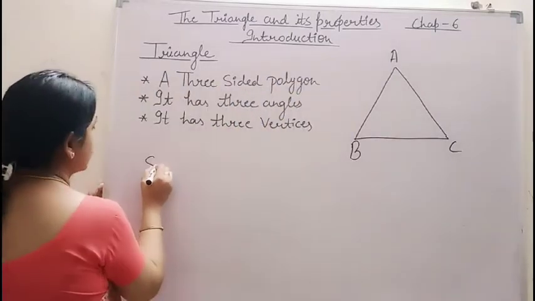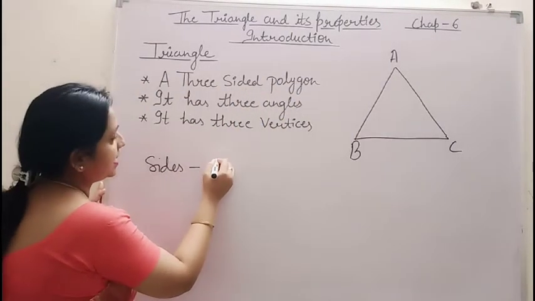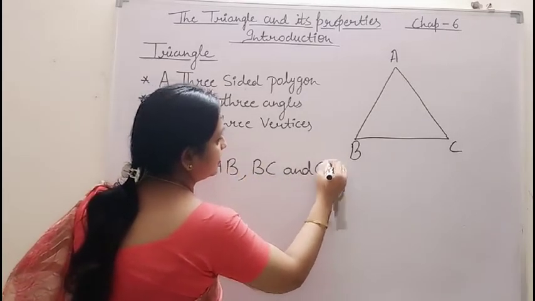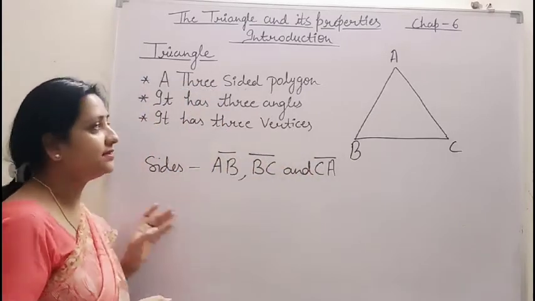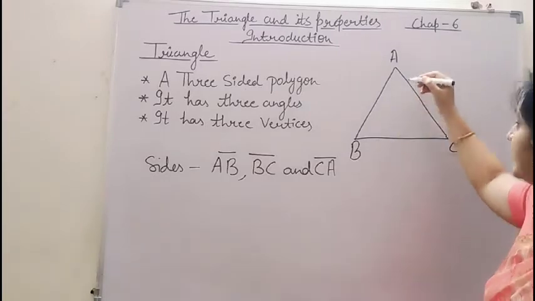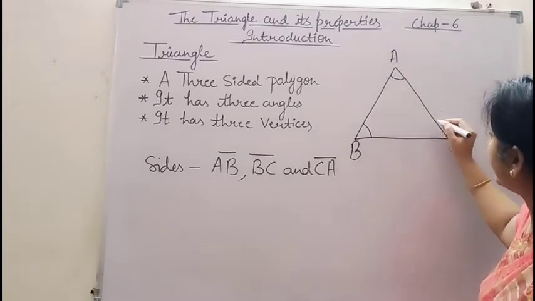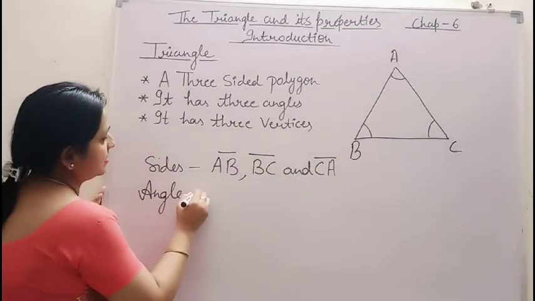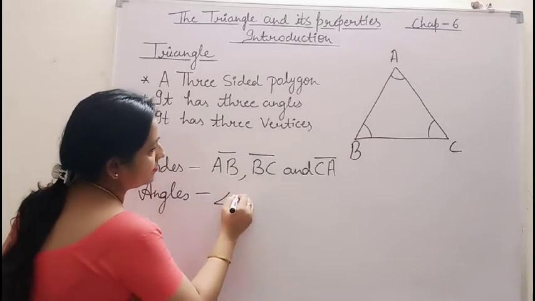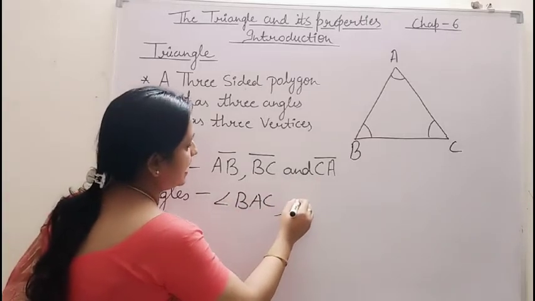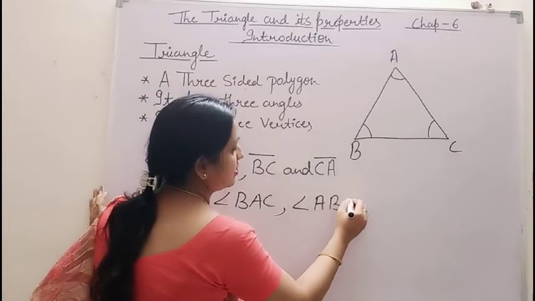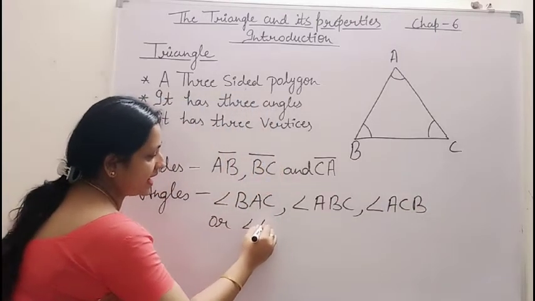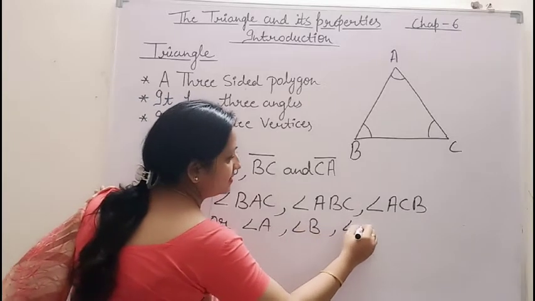In a triangle there are also three angles: angle A, angle B and angle C. So the angles in a triangle are angle BAC, angle ABC, angle ACB, or we can write angle A, angle B, angle C.